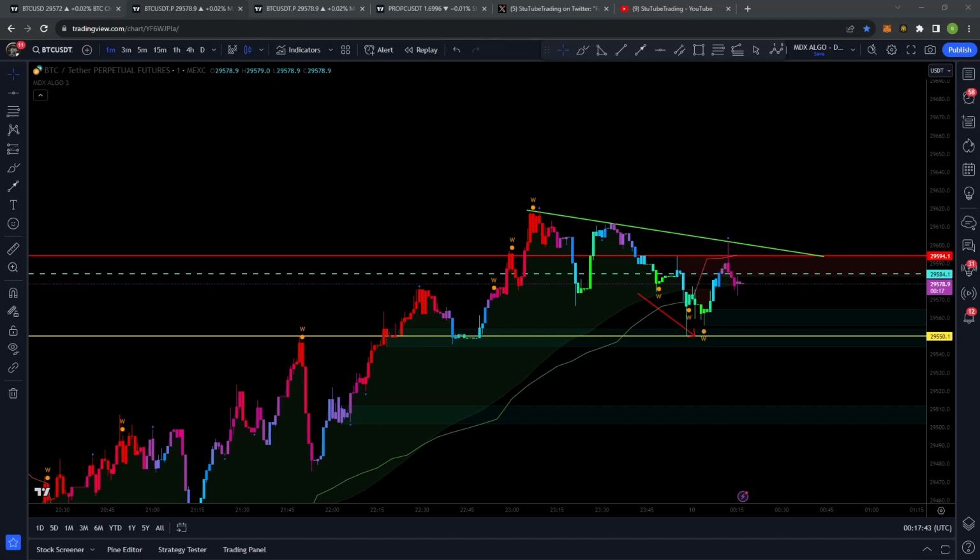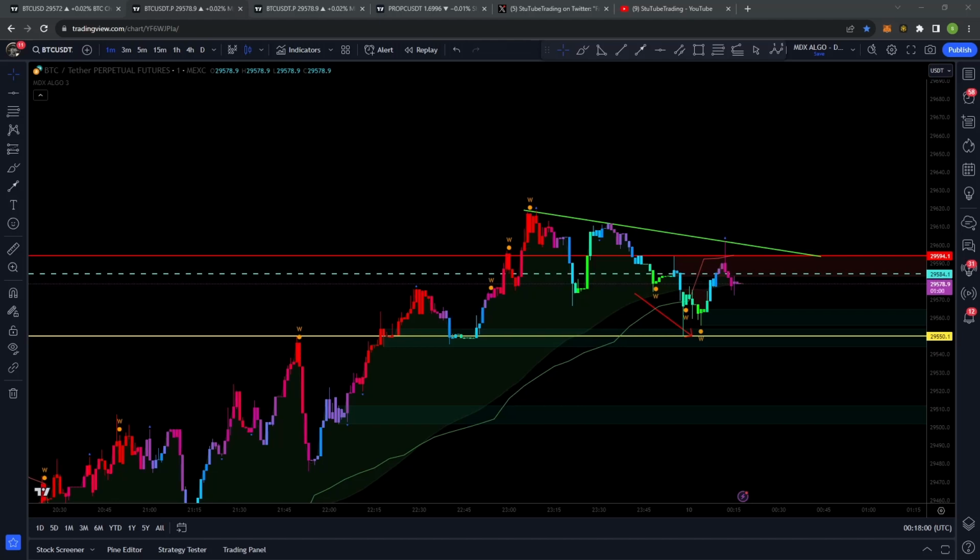I find it quite minimal. I'm trading on MEXC. I find the fees are quite reasonable actually. I think it was zero point 0.5.